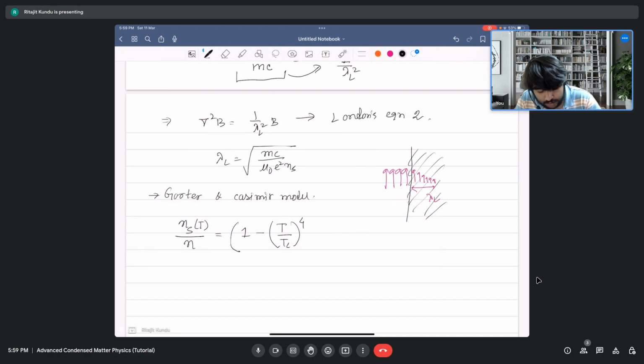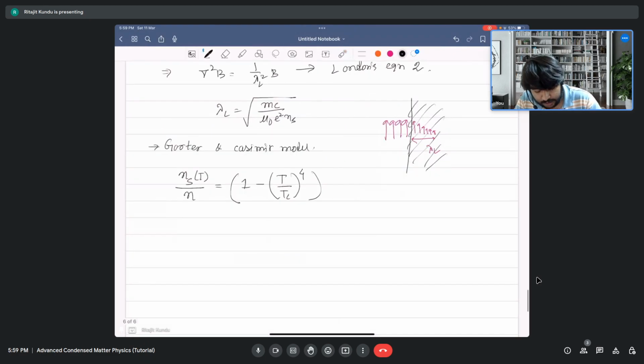Now, if my ns depends on t like this, I can plug it into the expression of lambda L and conclude how it depends on temperature.